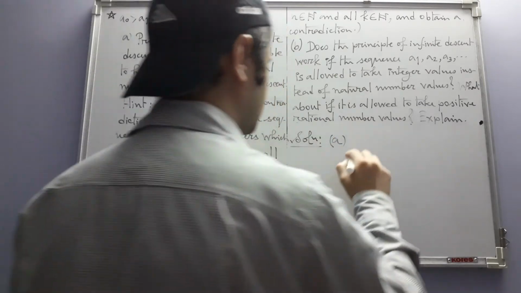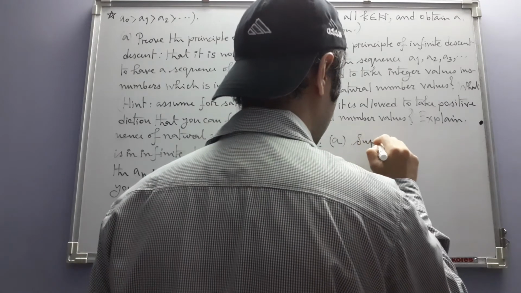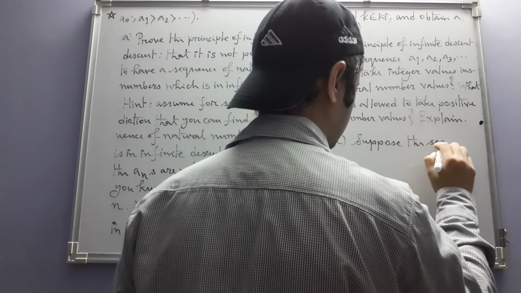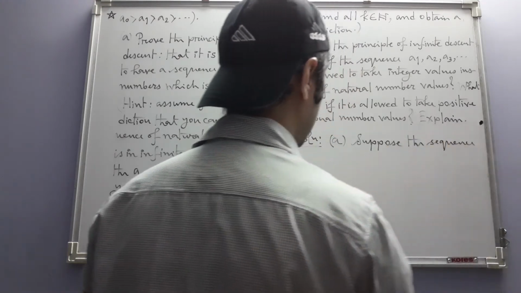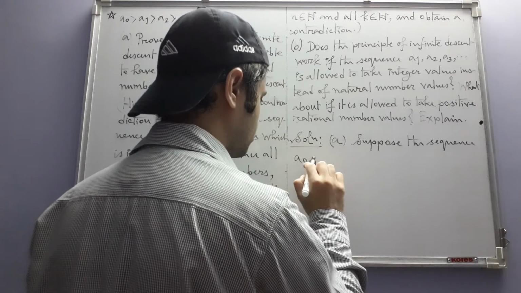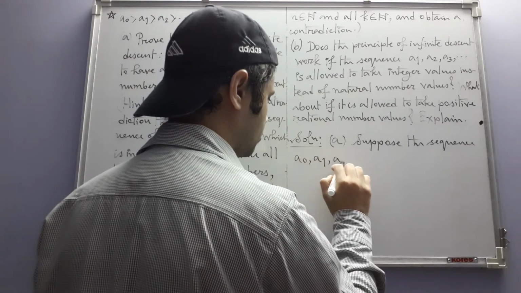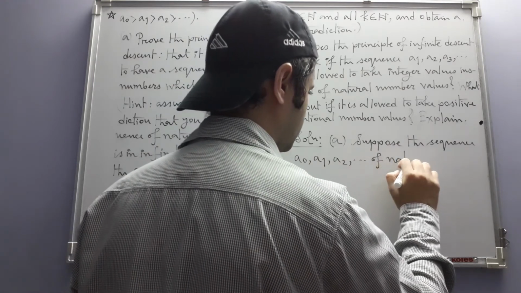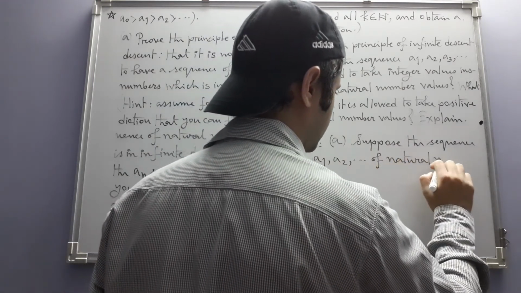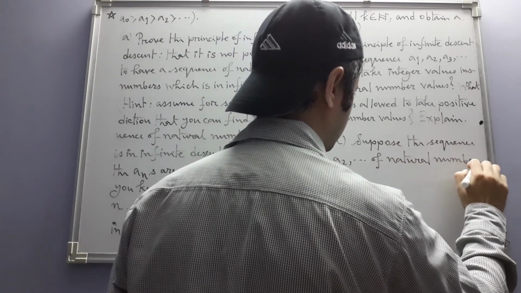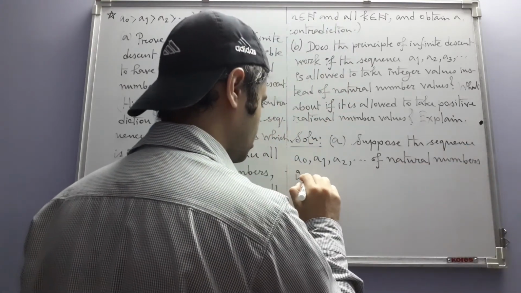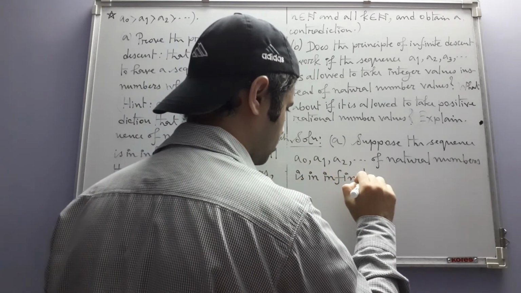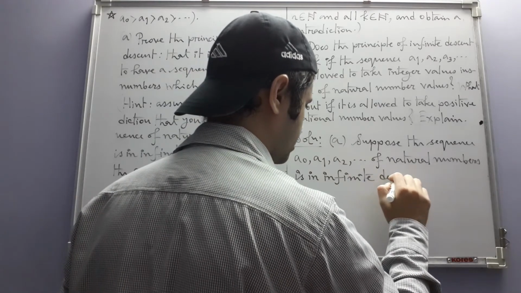Suppose the sequence a_n of natural numbers is in infinite descent.